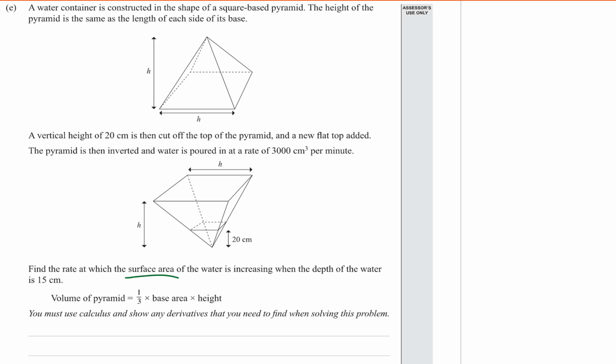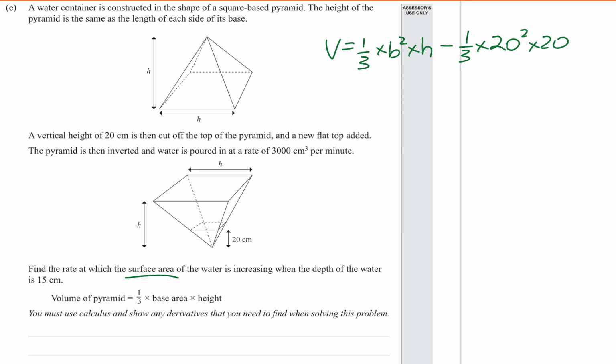Okay. So here's a pyramid. It's had the top part cut off. The top part that is cut off is actually another pyramid. So the volume is a third times the base squared times the height, minus a third times this 20 squared times 20.